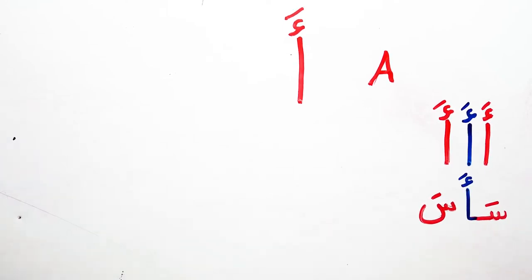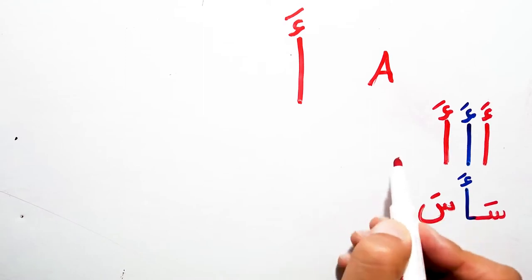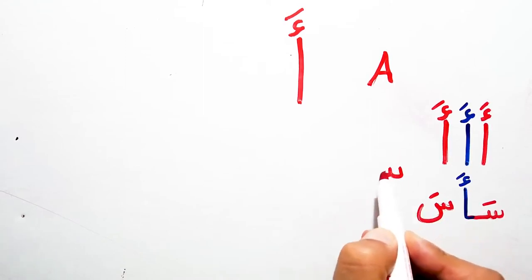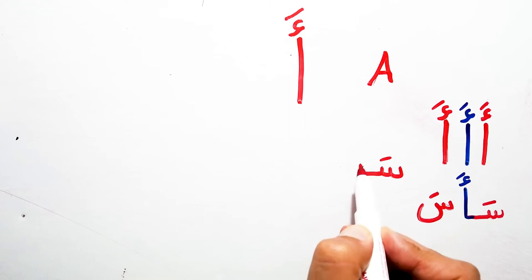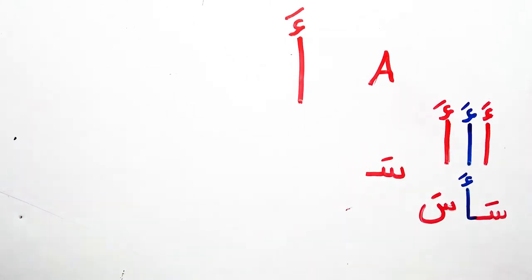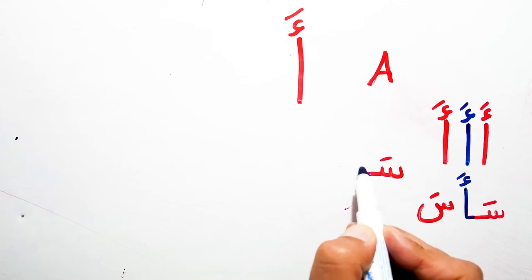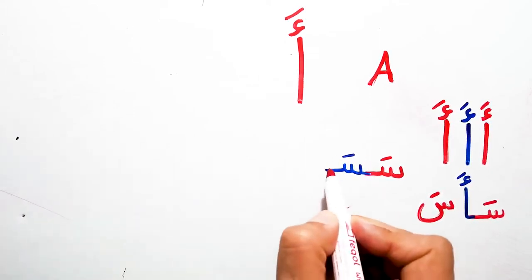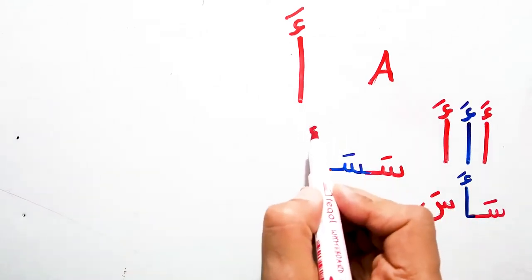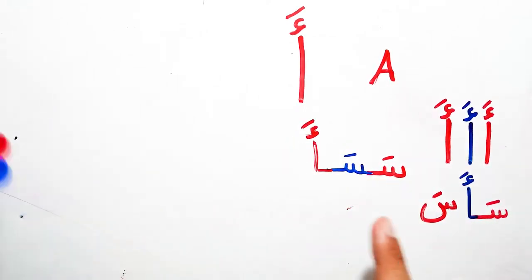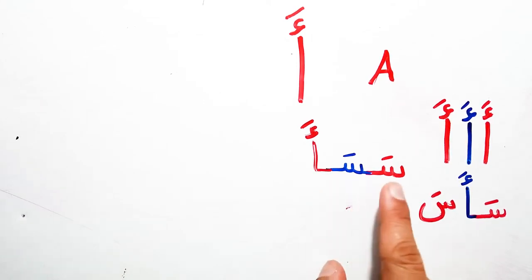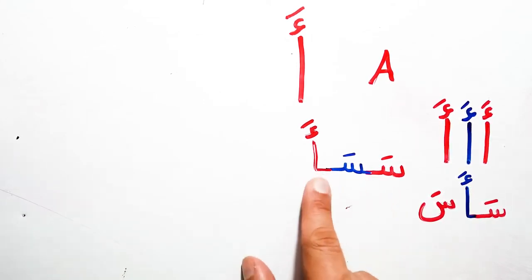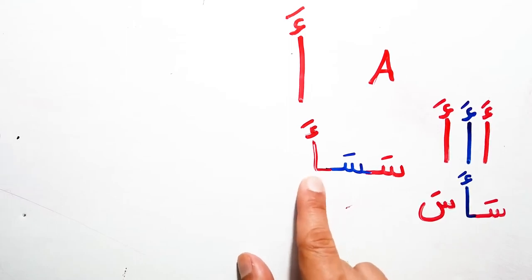Okay, now let's write another one. Let's write se. How will it be? Se. I will write it here. Se in the beginning. Se in the middle. And finally we have a in the end. So this is another shape of a in the end of the word.